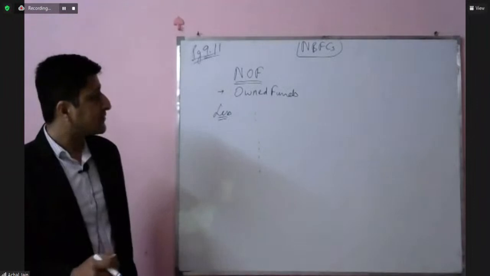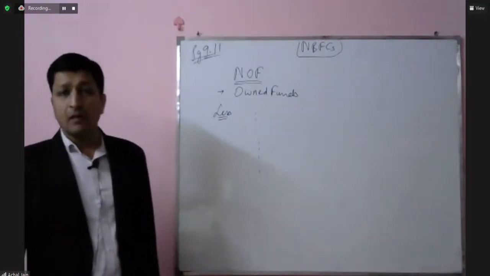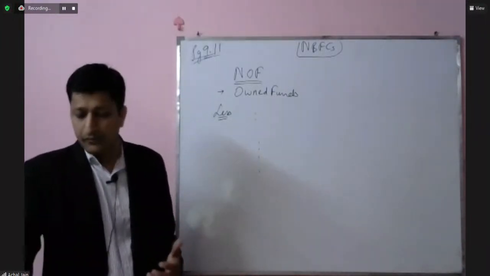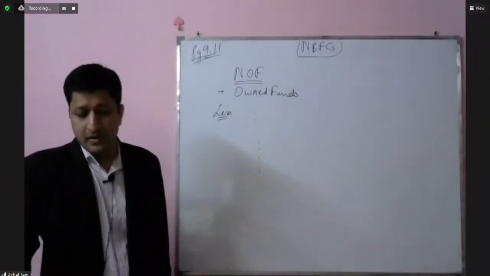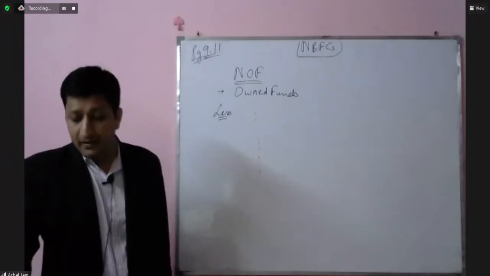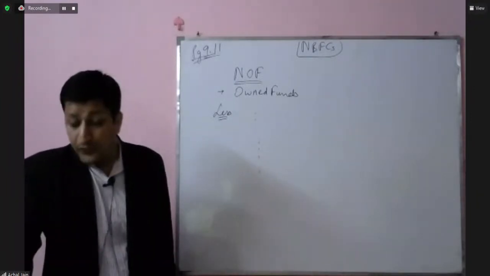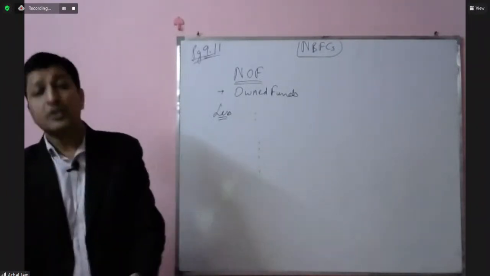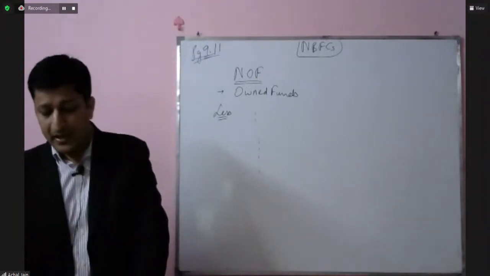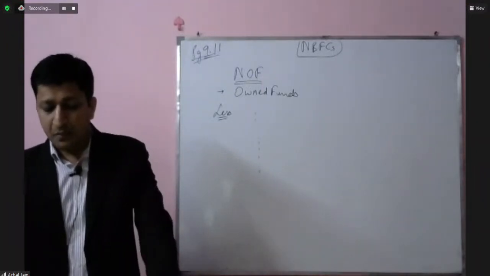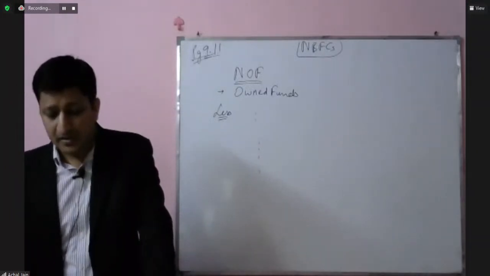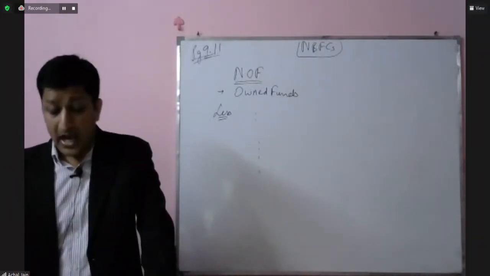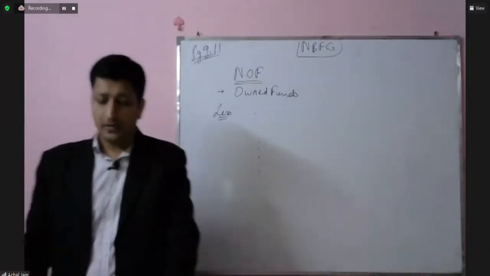For owned funds, we can say this is the aggregate, summation of paid up equity capital, preference shares which are compulsorily convertible into equity, free reserves, security premium, capital reserve representing surplus out of sale proceeds of assets, excluding the capital reserve by revaluation of asset. And from this, what do we need to deduct?